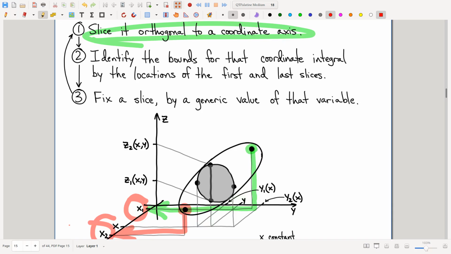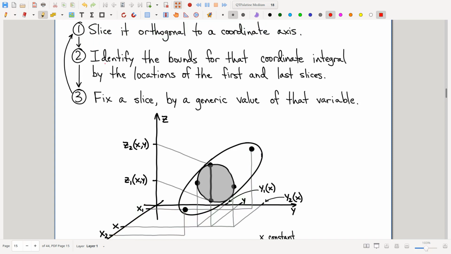There you go. And then, just like we did for double integrals, once we found the bounds, we slice orthogonal to the differential axis, we identify the bounds, then we fix a slice, specifically a generic slice, and then we move on to the next variable. That's exactly what we did with double integrals, and the analogy works very nicely.